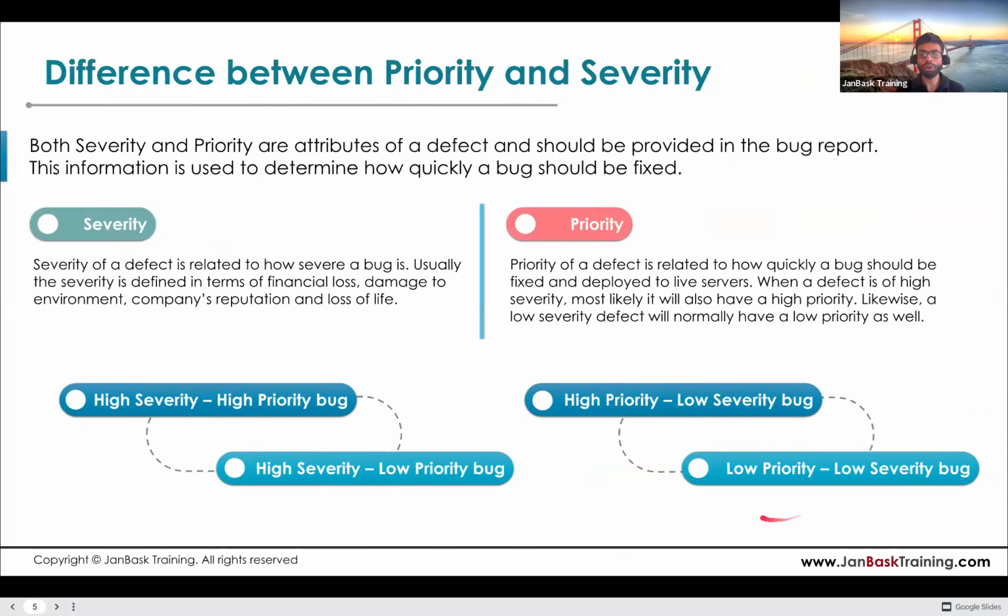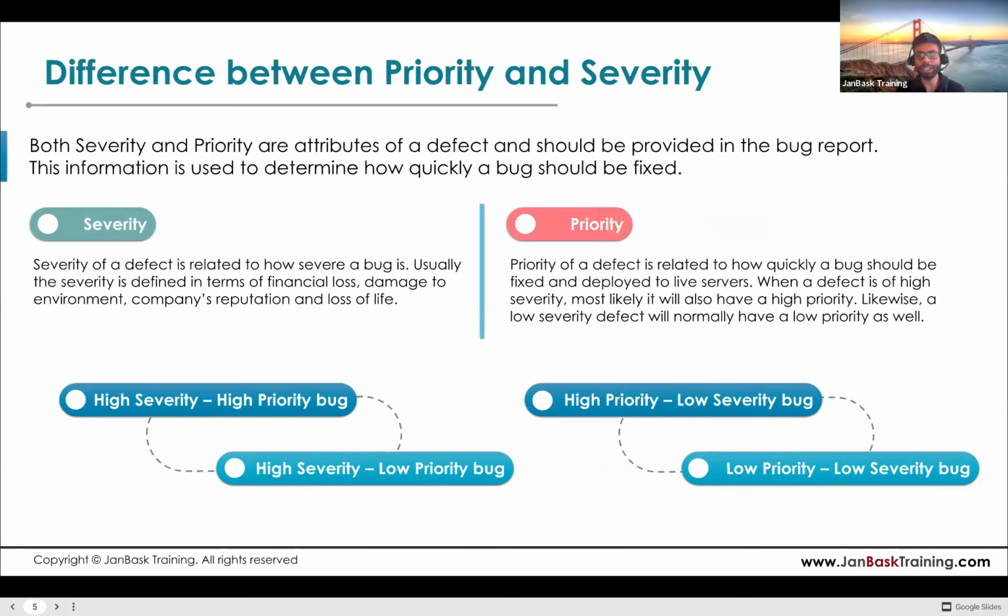Okay. Now, if we are talking about a low priority, low severity bug, what could that be? What could be an example of a low priority and low severity bug? Maybe this logo with Jandas training, the wording "learn and grow" is not there. Yes.